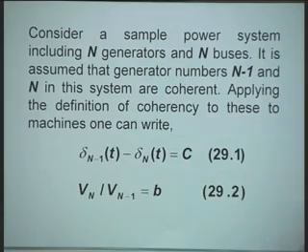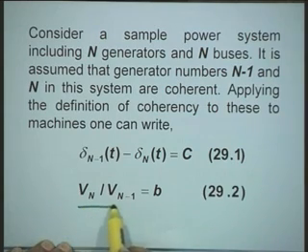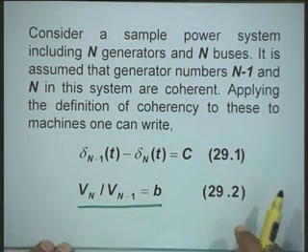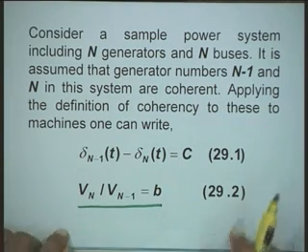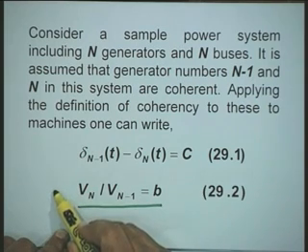Now, to perform this network reduction, we will use this condition, that is, the ratio of the voltage of the nth bus and the voltage of the n minus 1th bus is a constant equal to B, and this B is a complex number, that is, the voltages maintain a constant complex ratio. Therefore, we will make use of this condition.